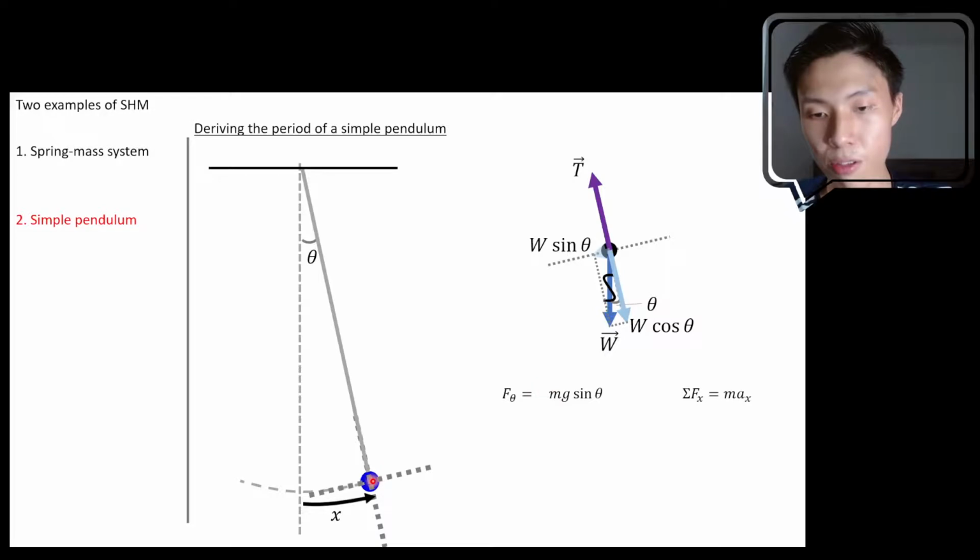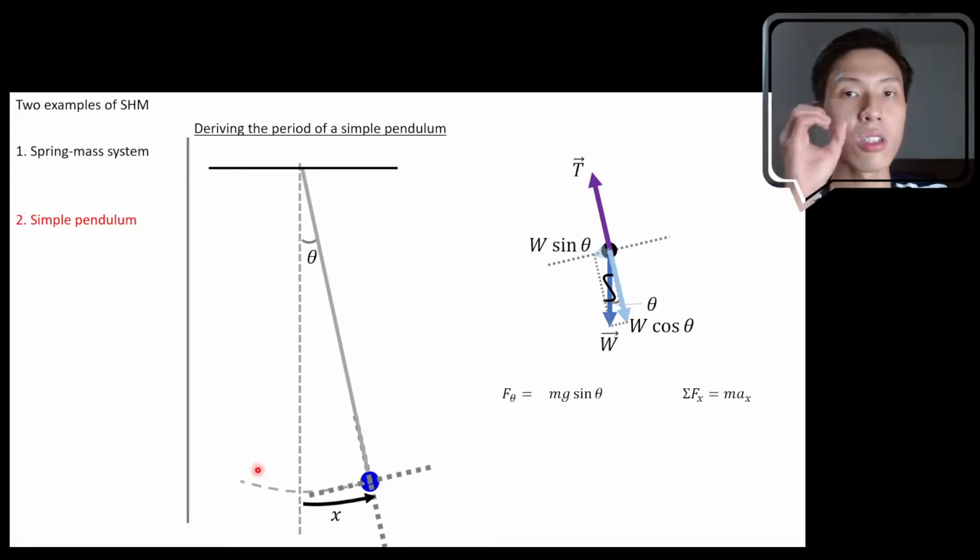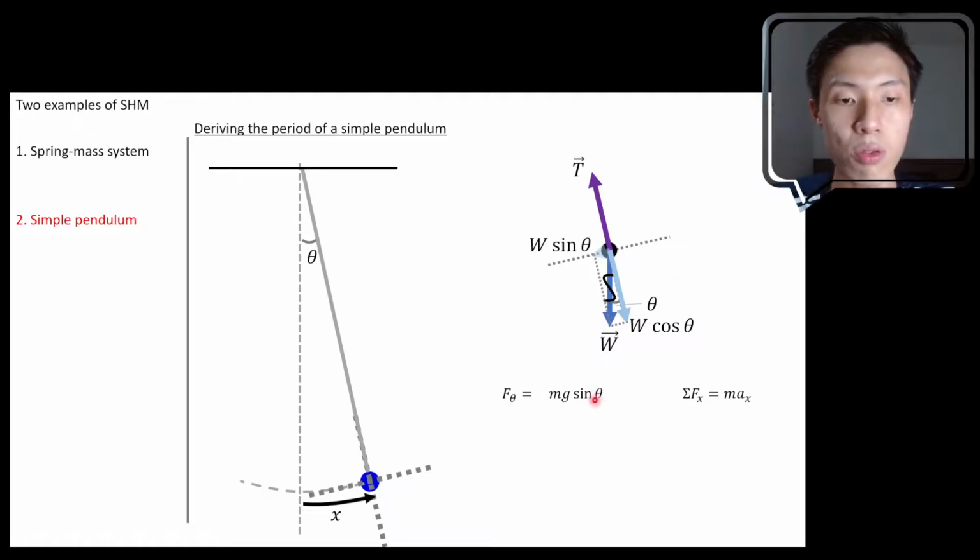Same if you bring this object to the other side over here. Now the angle is measured from the vertical line to the other side, so the angle will be a clockwise angular displacement because the object is being displaced clockwise. If it's a clockwise angular displacement, then you get a negative value over here. But if your ball is over here, then the force will be pointing in the positive direction.